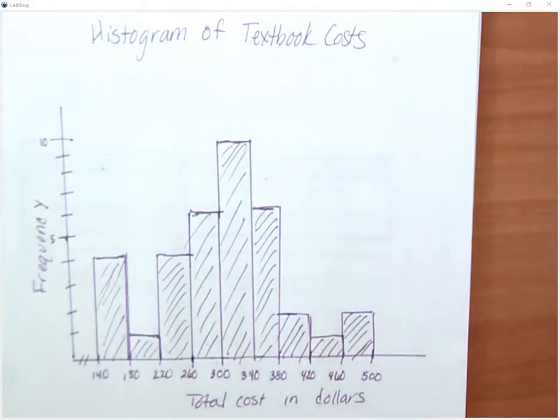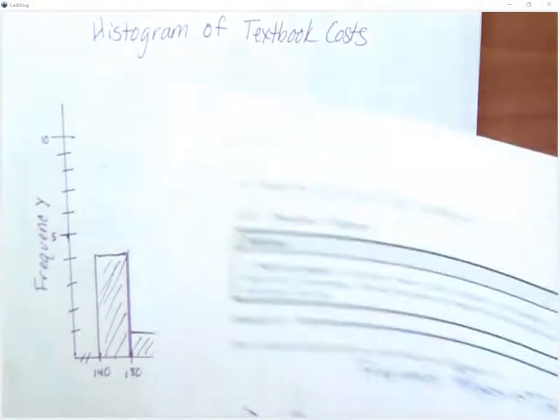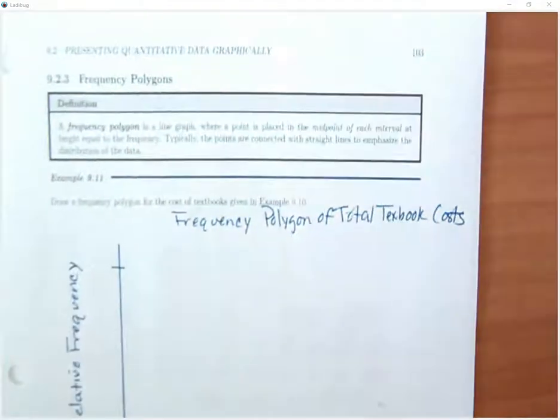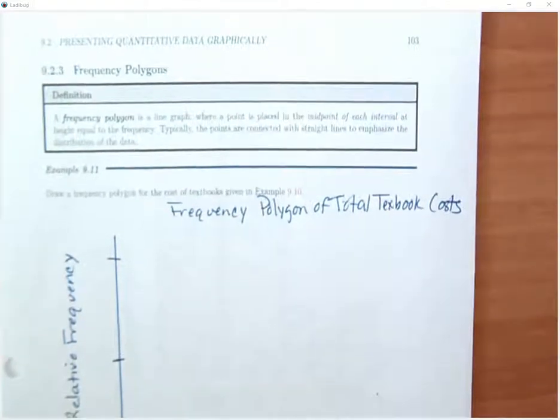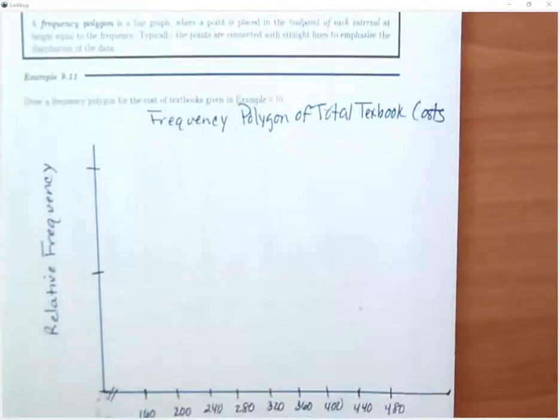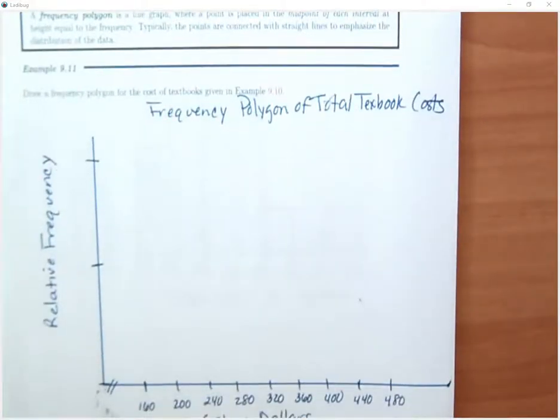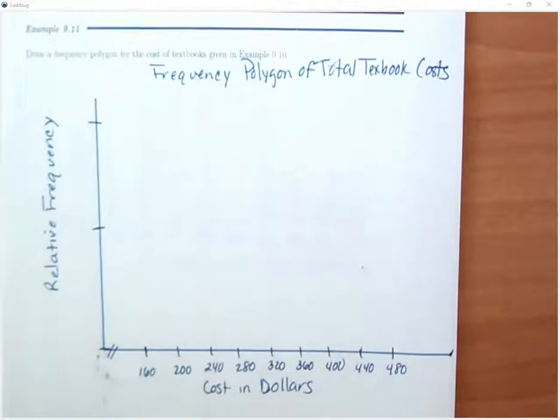So the other type of graph that we want to make is called a frequency polygon, which will have the same type of shape in general as the histogram, but we draw it just a little bit differently. It's probably how you're more used to graphing things.